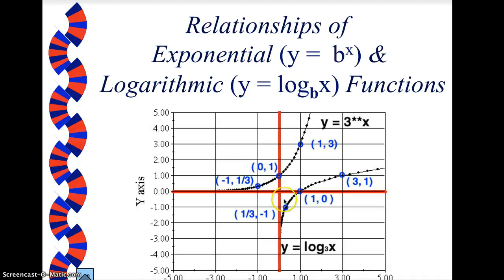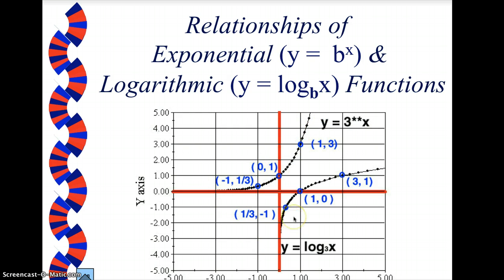On the other hand, for the logarithmic function, the tail of the curve will be threading along the y-axis but will never touch the y-axis. So that's the other difference. And you see it's just the inverse here.